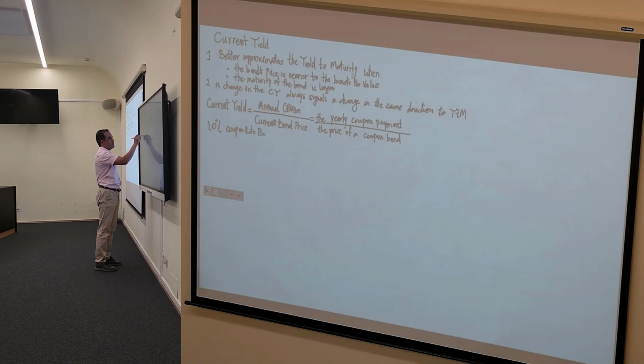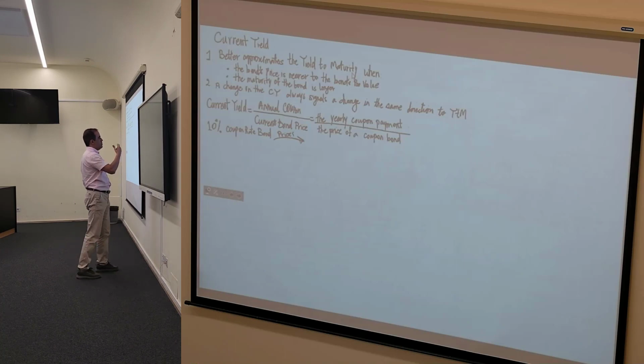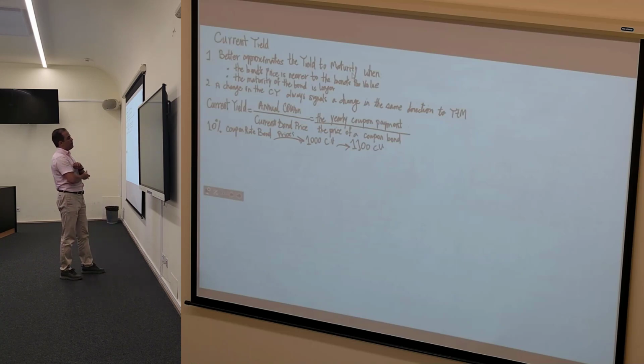coupon rate bond. When the price rises from 1,000 currency units to 1,100 currency units, the current yield will fall from what?